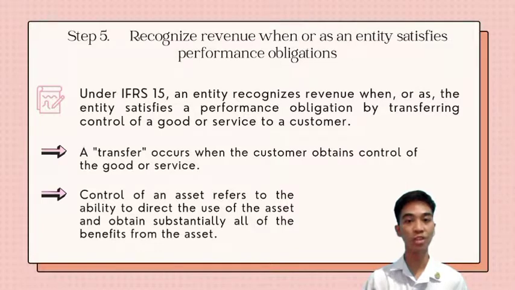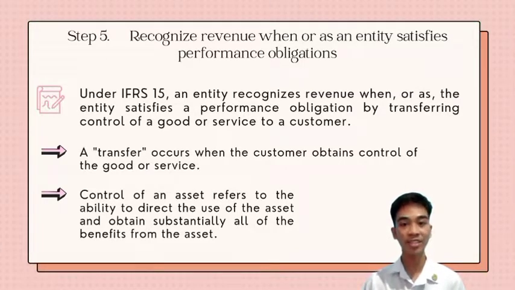A transfer occurs when the customer obtains control of the goods or service, meaning an entity should recognize revenue when or as the entity satisfies a performance obligation, and it is satisfied when the promised goods or service to a customer is delivered, and that happens at the moment when the control of that good or service is transferred, wherein the amount of the performance obligation is also the amount of the revenue.